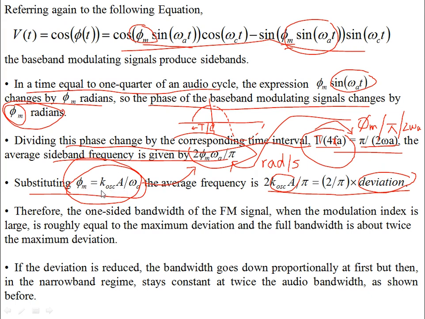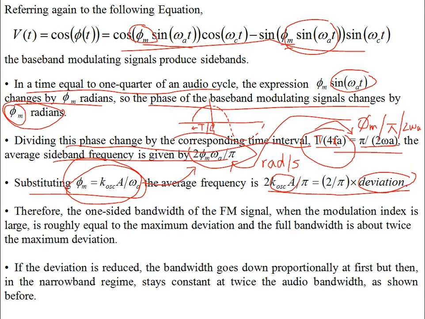if your deviation is large, then the one-sided bandwidth of the FM signal when the modulation index is large is roughly equal to the maximum deviation, and the full bandwidth is twice the maximum deviation. Obviously that makes sense, because as the deviation increases, the FM signal comprises a larger bandwidth consisting of more frequencies.